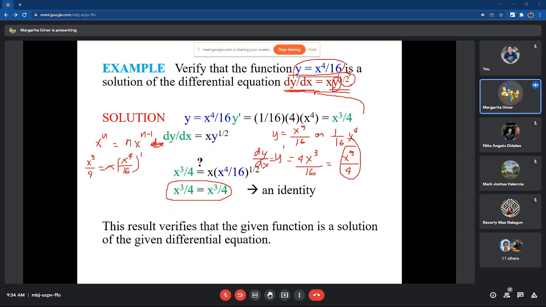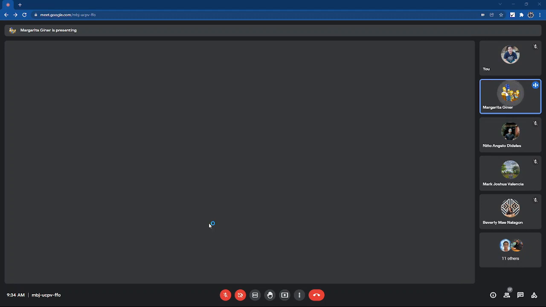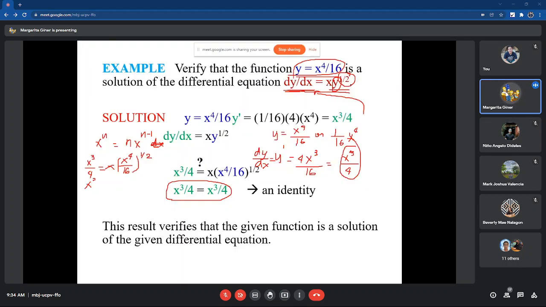So, you substitute the value and simplify: x cubed over 4 is equal to x. When you have an exponent, you multiply, right? 4 times 1/2 cancels out, and you get 2.